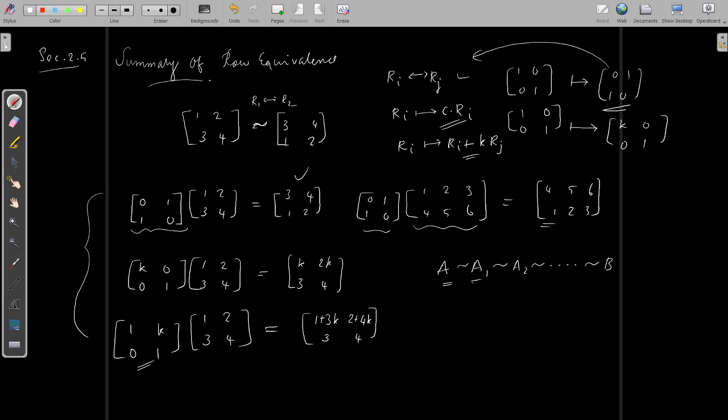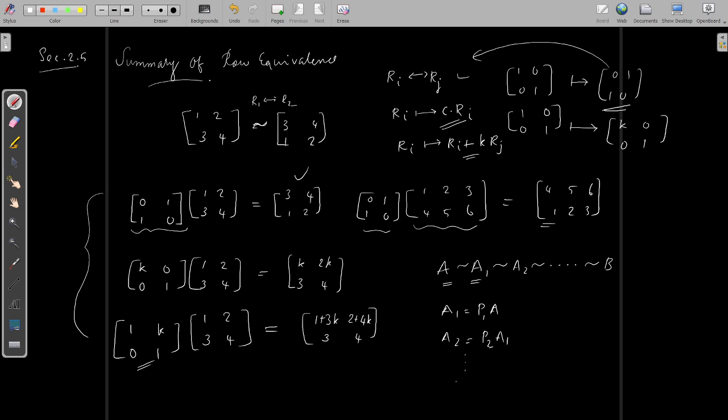In order to get A1 from A, you need to pre-multiply with the matrix P1, that is P1 times A is equal to A1. Similarly, A2 can be obtained by pre-multiplying A1 by some matrix, and so on.